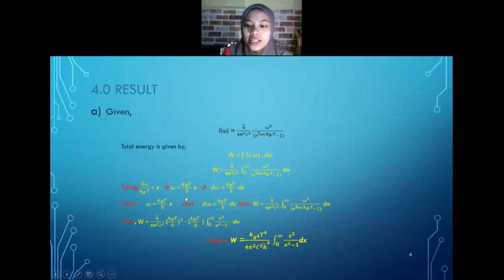Then we insert the formula of omega and the differentiated omega into the total energy formula, and we simplify all the operations here. Then finally we got the formula of the total energy per unit area radiated by a black body, same as the question. So this is the proof.